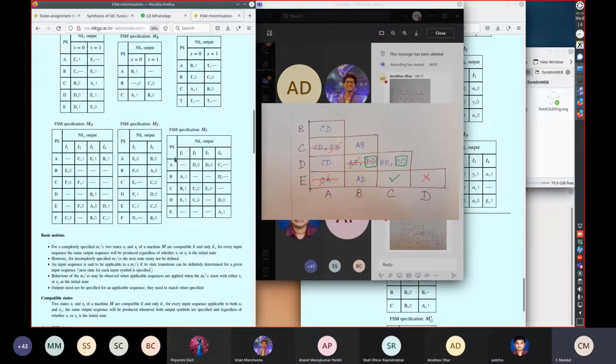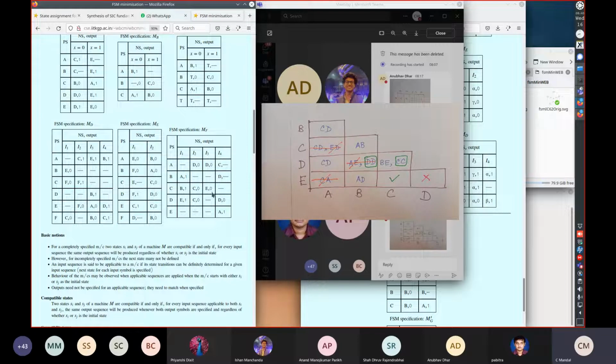So let us look at the table for A and B. Here you can see that on input I4, A makes a transition to C, and B makes a transition to D. Now suppose you start the machine in states C and D. For subsequent inputs, you should still have the same outputs for applicable sequences. So I think that answers your question.